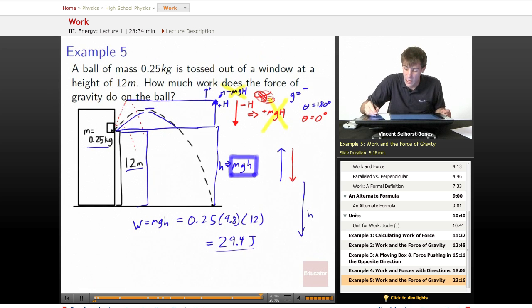So the capital H's cancel one another out, because they're dealing with the same gravity, but they go in opposite directions. And so all we have to worry about is where we started if we want to figure out the amount of work that gravity is going to put into it when it hits the ground.